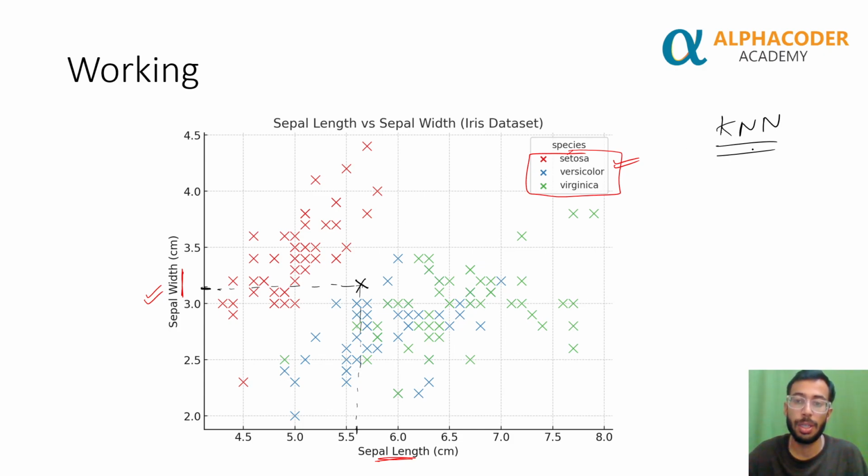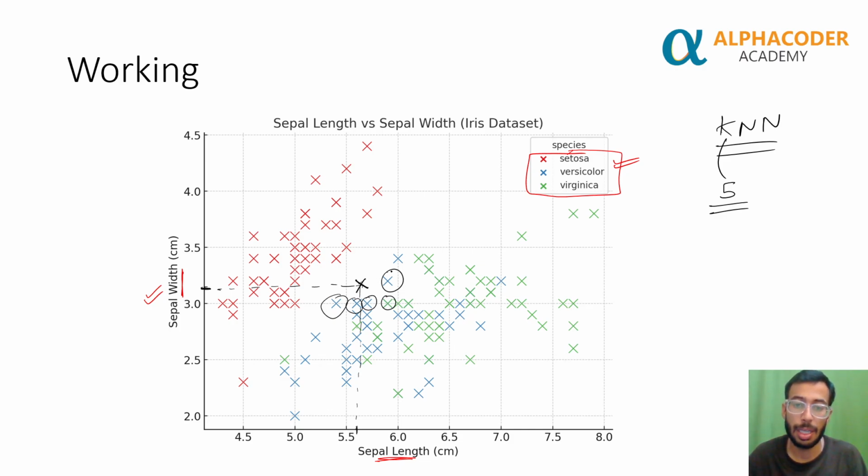Let's say the value of k comes out to be 5, so we will select the five nearest data points that are near to this particular unknown data point. Let's say one of the nearest points is this, another is this, another is this, another is this, another is this. 1 2 3 4 5. These are the 5 nearest data points that I have got.